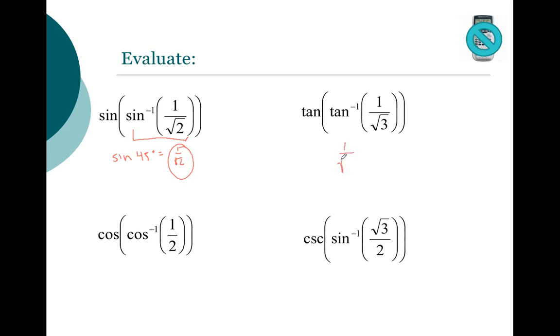You can think about this and see that that's going to give you 30 degrees, and then you're really just doing the tangent of 30 degrees. Cosine inverse of 1/2 is going to be 60 degrees, and the cosine of 60 degrees is going to be 1/2.